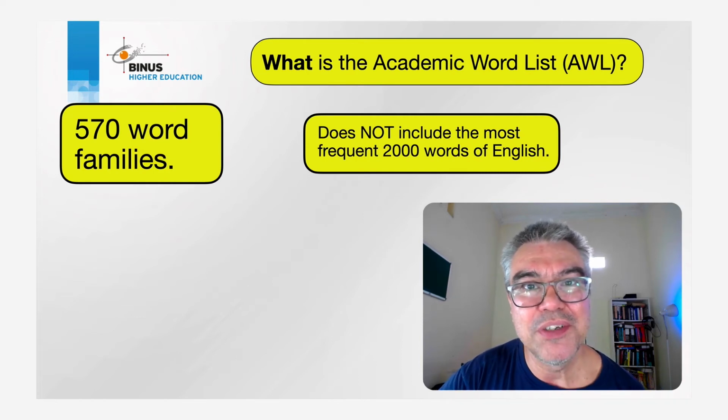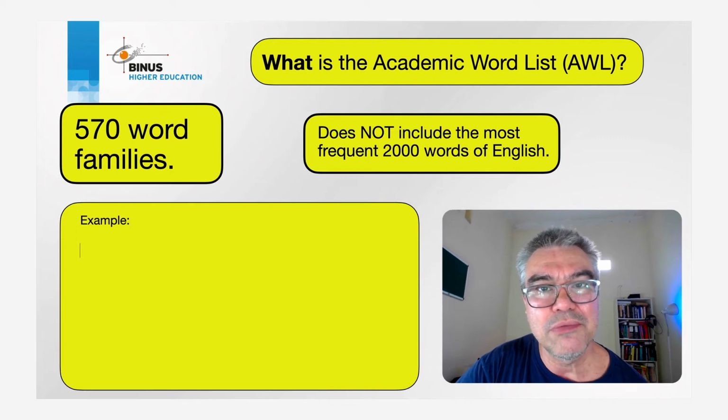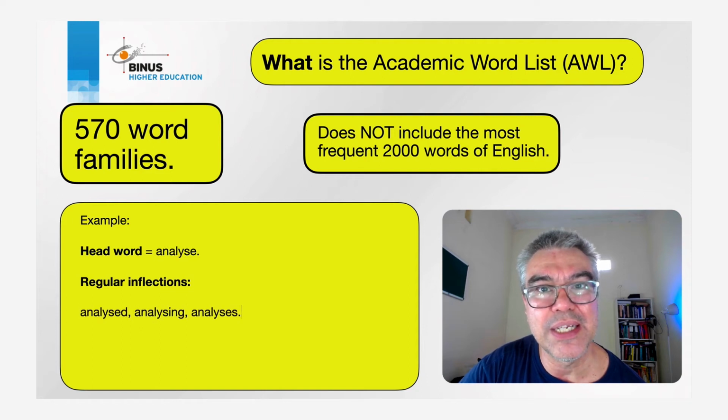Okay, I mentioned word families. We can look at the different sections of the academic word list. So we have a word, but it is not just one word, it is a word family. From that one word, which we call the head word, a number of very close words can be created. Here is an example to show you what I mean.